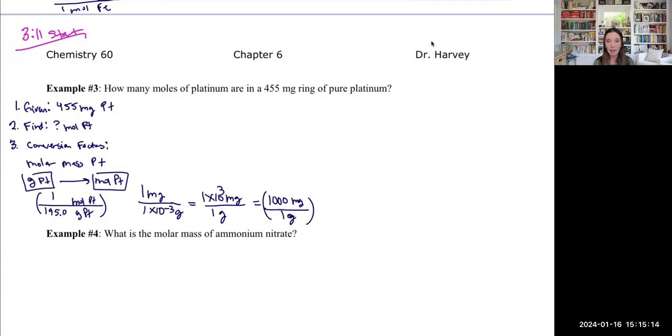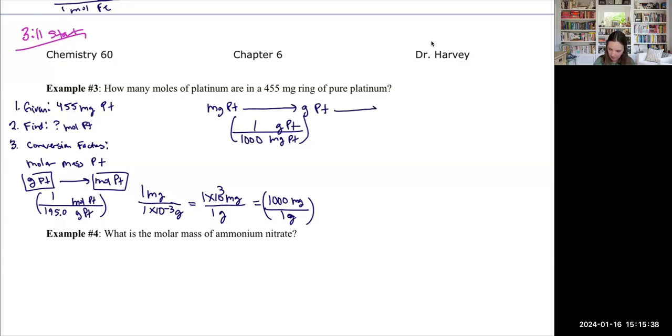So let's go ahead and set up our solution map. I'm going to start with my milligrams of platinum and first convert to grams of platinum. I want milligrams of platinum downstairs, grams of platinum upstairs, and 1 gram contains 1,000 milligrams. Then grams of platinum to moles of platinum using molar mass, MM being our abbreviation.